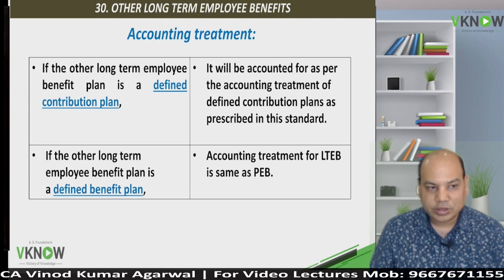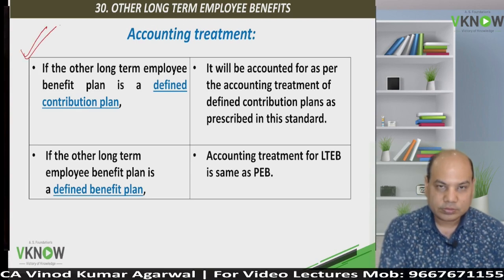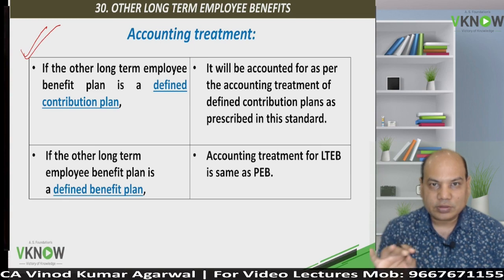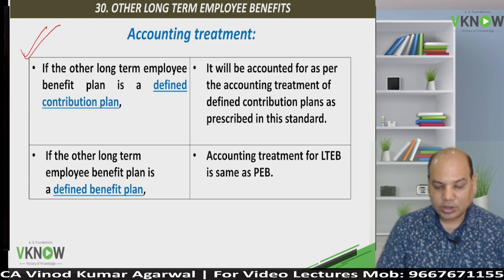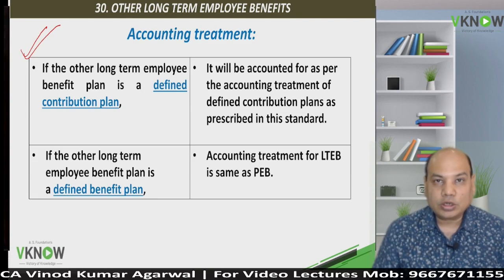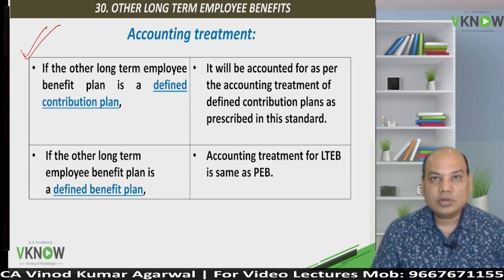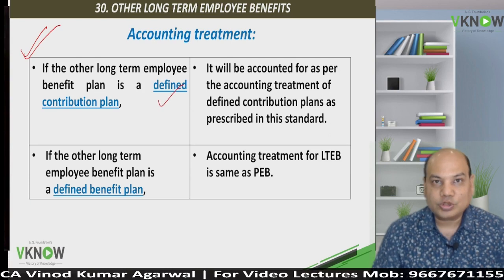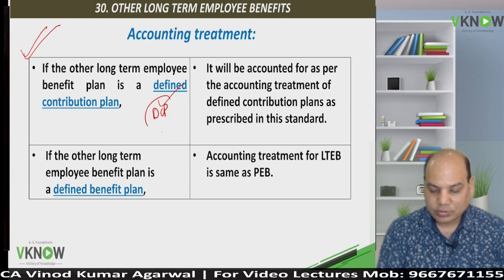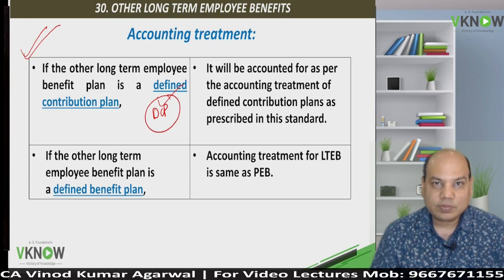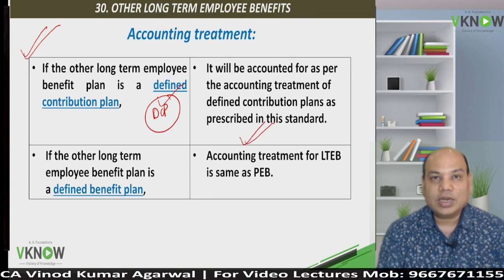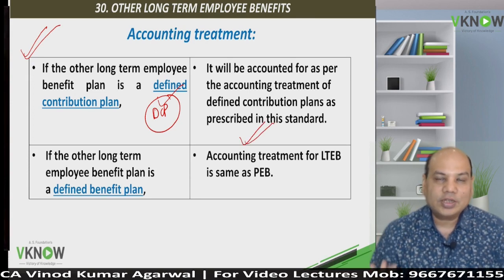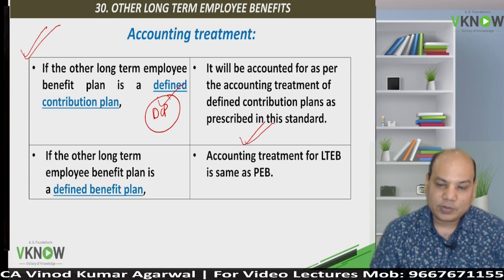What about the accounting treatment? It is printed in the notes. No need to write. I have just converted the statement into tabular format. If the other long-term employee benefit plan is a defined contribution plan, or DCP, good news, it will be treated like we have treated in the case of post-employment benefit plan.